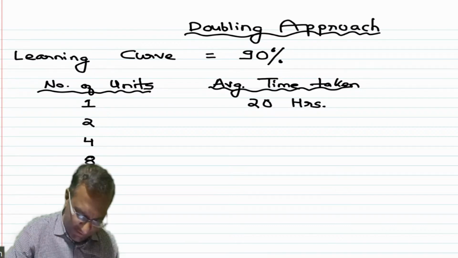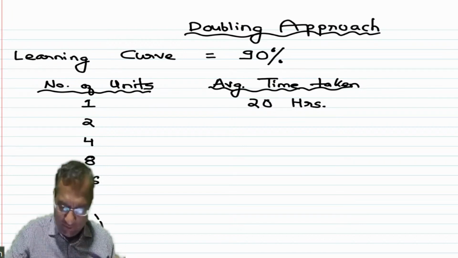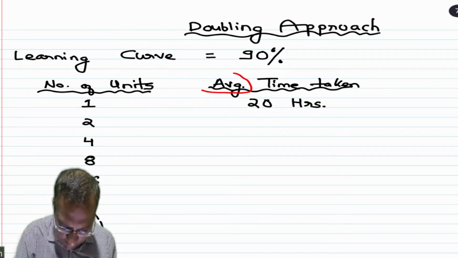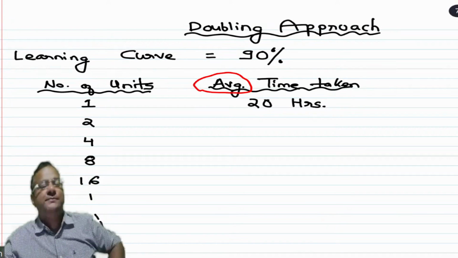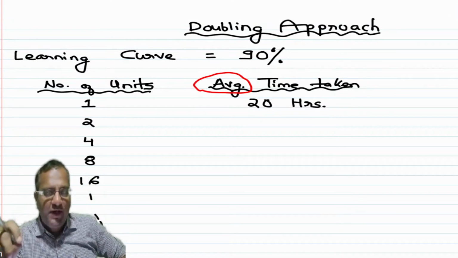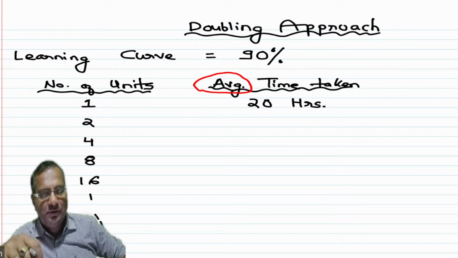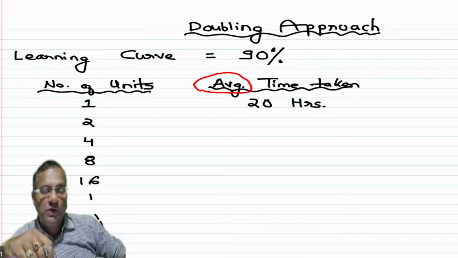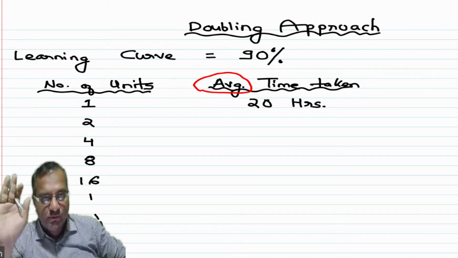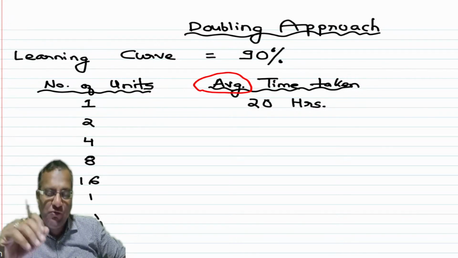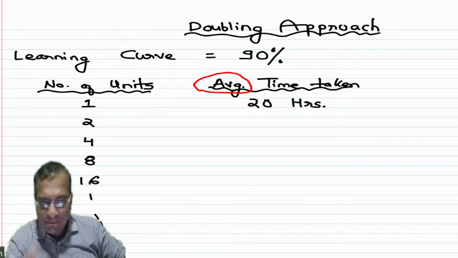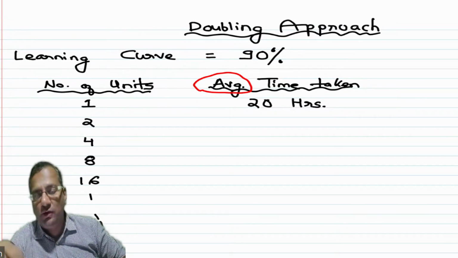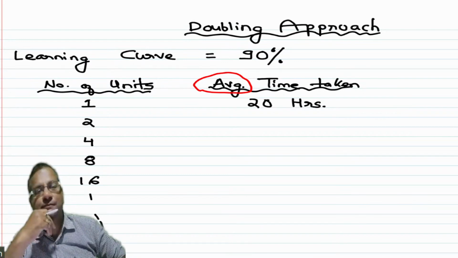Okay, now I will tell you, beta, the most important word is average. Whether you are calculating the labor time through doubling approach or through formula approach, whatever answer you are getting will be the average time taken for X unit.